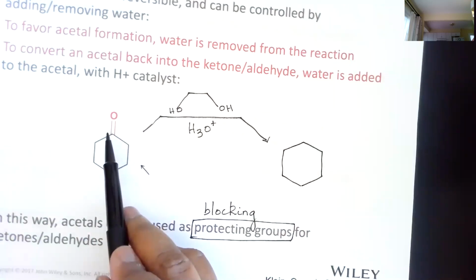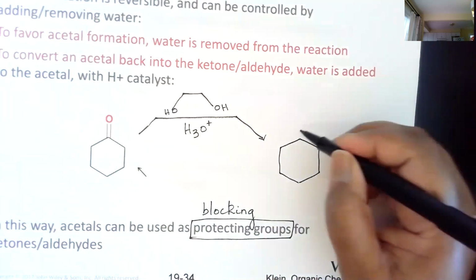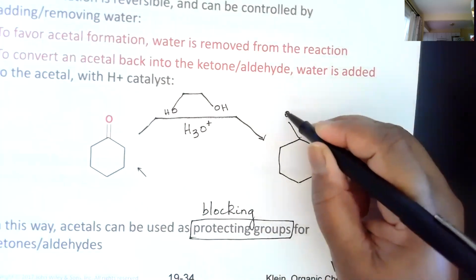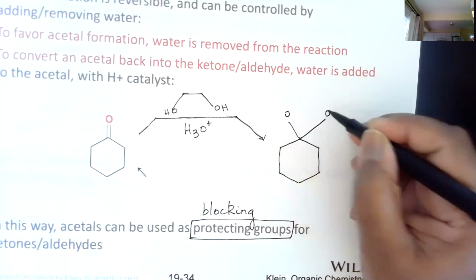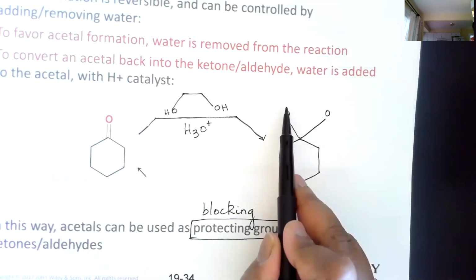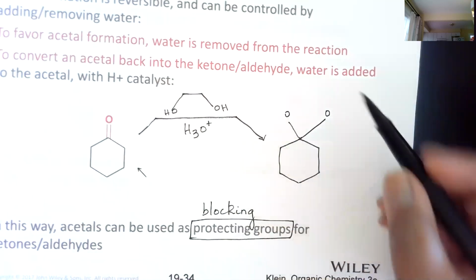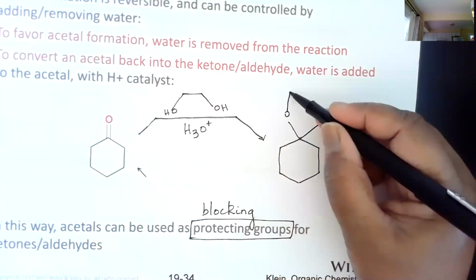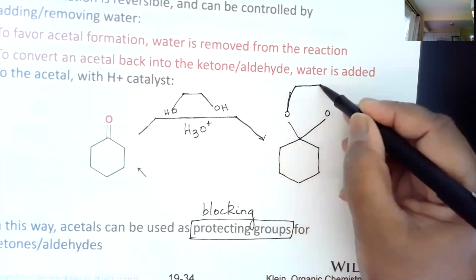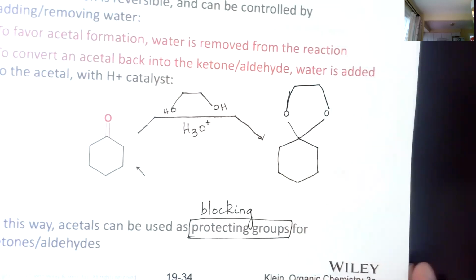Remember, you need 2 single bonds from here. See that? And we would put an R group there and an R group there, but this R group, they are connected to both. That's it. Okay.